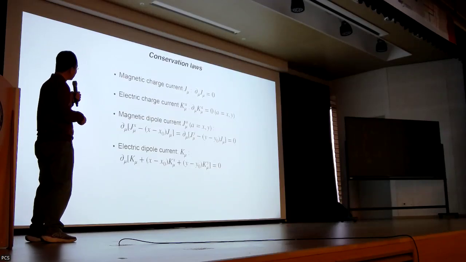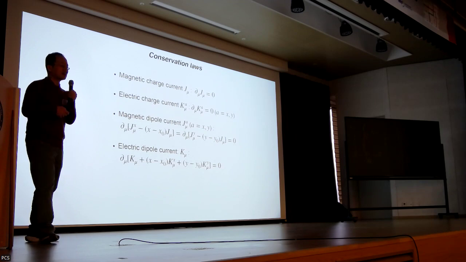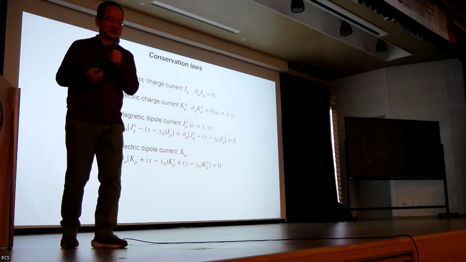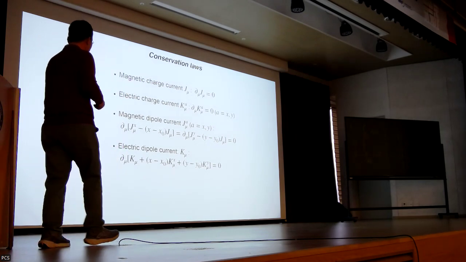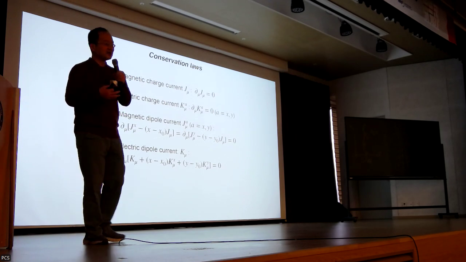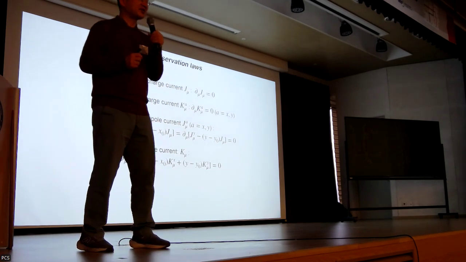Okay, so what that says is that with only one type of current, you cannot really satisfy the proper conservation. But what you need is some sort of coordination between the two types of current in order to meet the requirement of the dipole conservation.